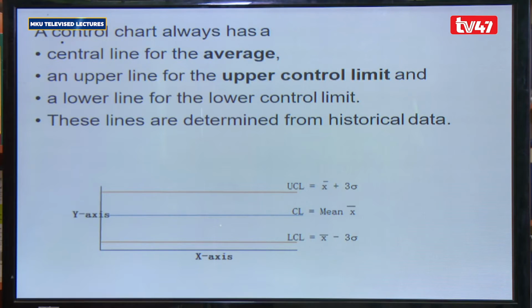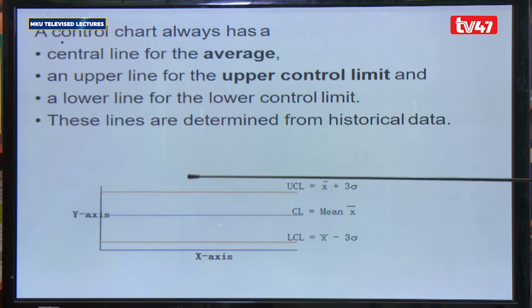There is what we refer to as the central line, CL, which is given by the average of the mean characteristic, or the mean of sample means.